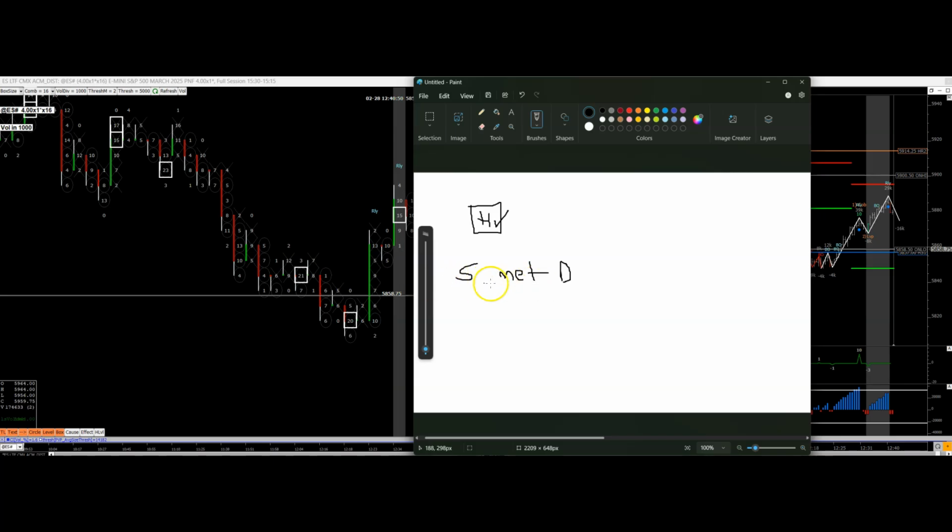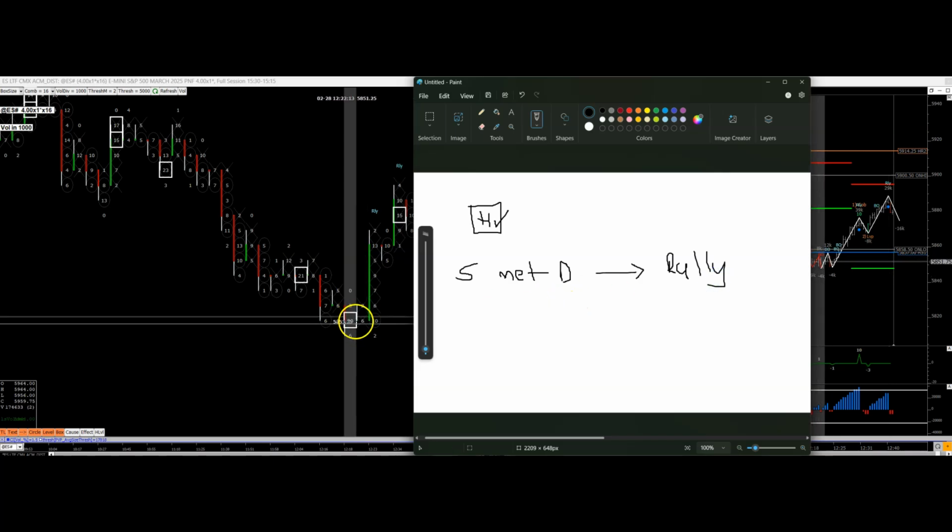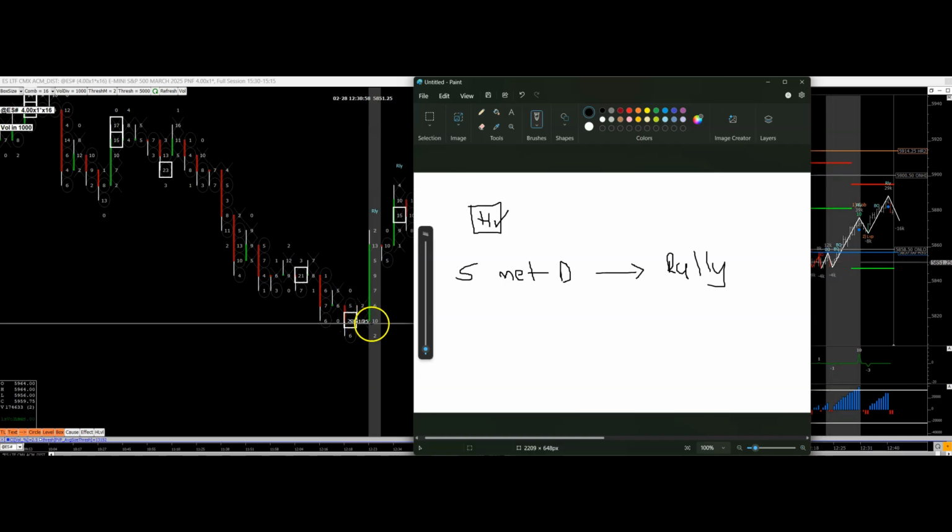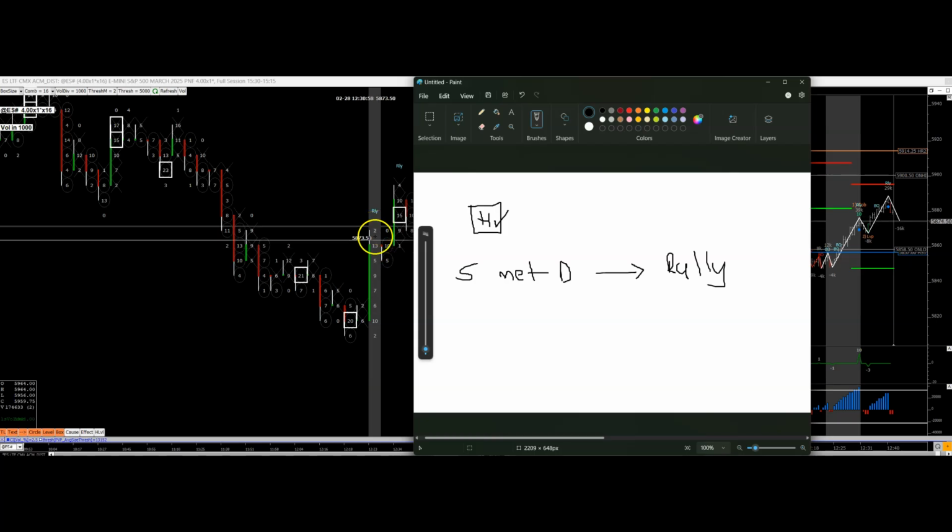That means they've met each other, and one side has overtaken the other, leading to a rally. So in this case, where you have a 20, supply met demand, and there was so much demand that it overtook supply and caused prices to rise.